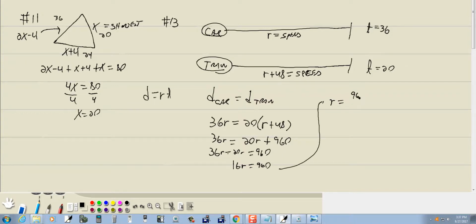R is equal to 6. Okay, so 60? Yeah, 60. So that would be the car. Now the train then would go 48 miles per hour faster. 60 plus 48 is 108.